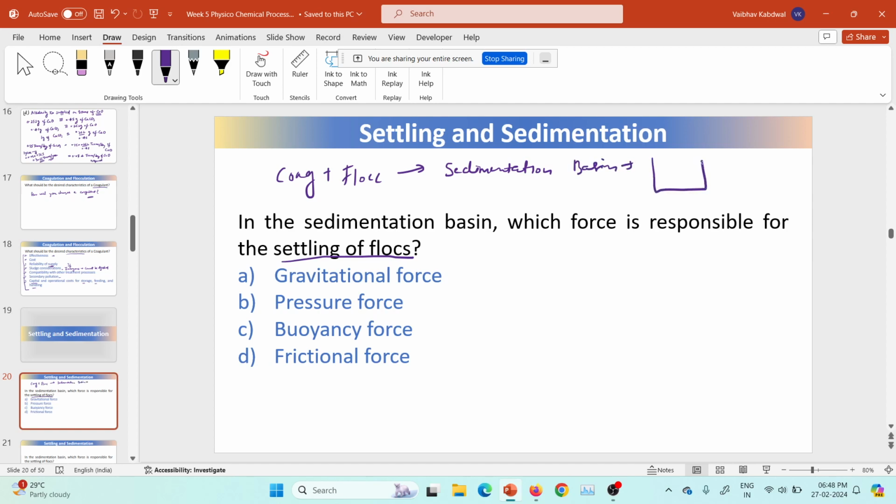There it will settle, and the effluent will be taken out.